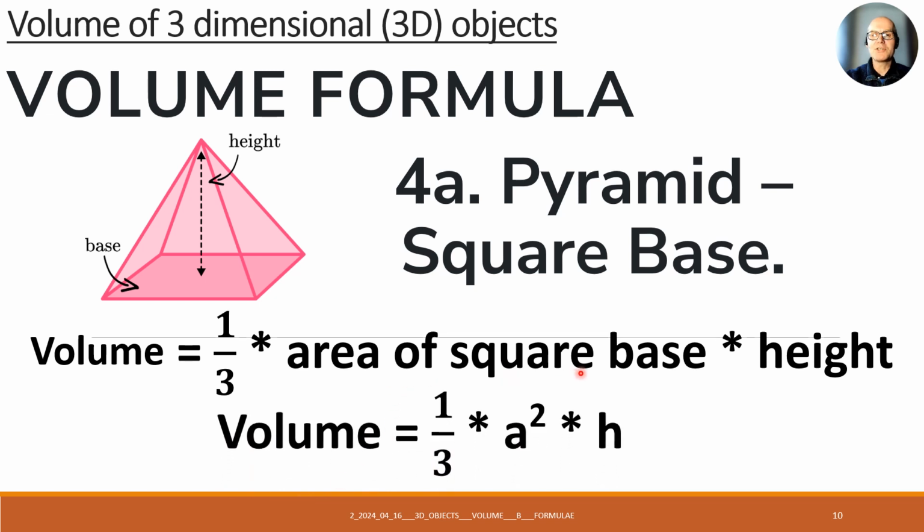So the area of the square base is A squared. The volume of the square-based pyramid is 1/3 times A squared times H. 1/3 of A squared, which is the area of the square base, times H for height.